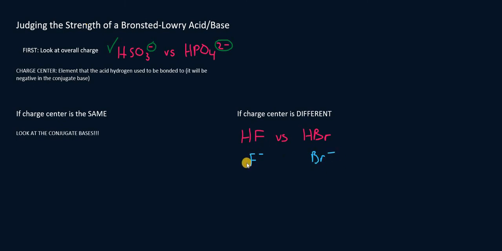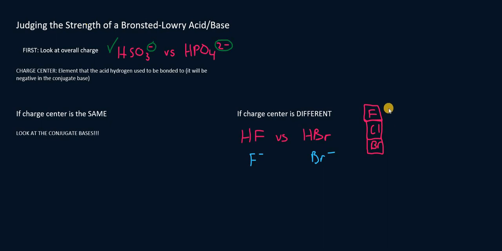So what exactly is the relationship between fluorine and bromine on the periodic table? They're in the same column. So as my crude illustration here shows you, fluorine and bromine are in the same column of the periodic table. They're in group 7A. Fluorine is up high, whereas bromine is down low.